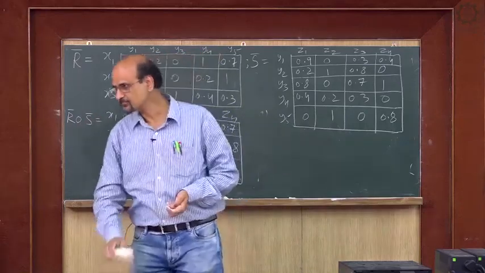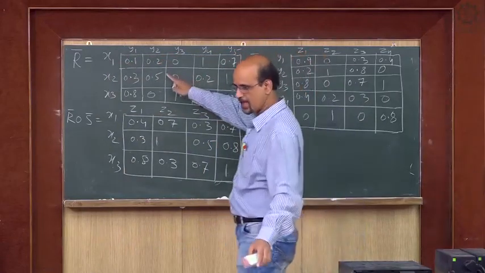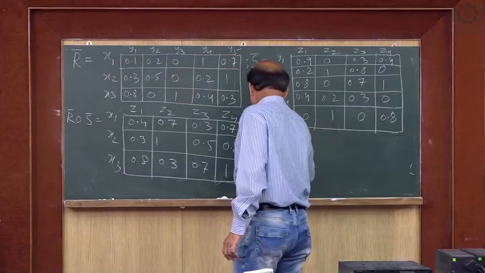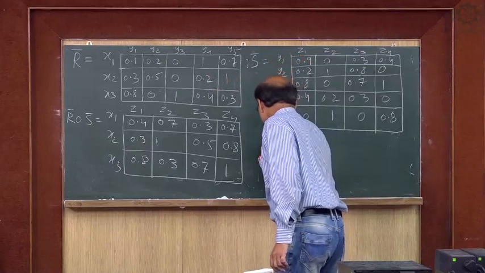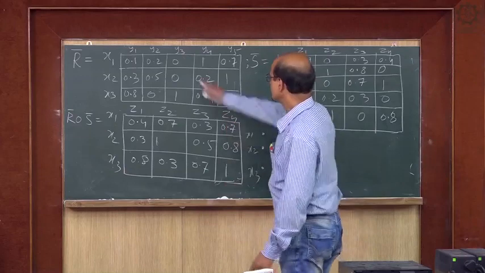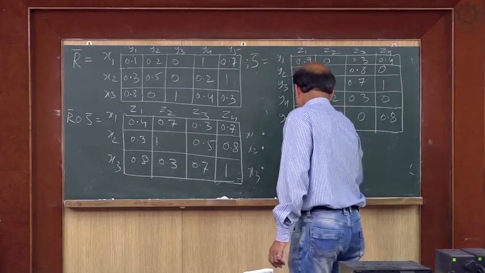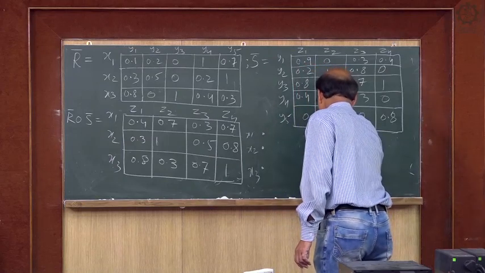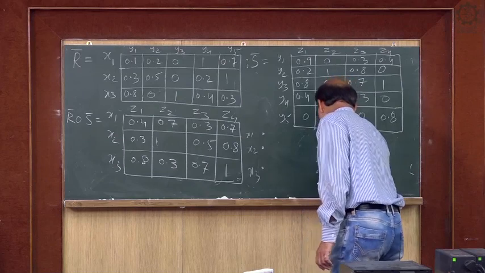Now, actually what is happening? I have the relation matrix from X to Y. If I draw the diagram, I have x1, x2, x3, and y values y1, y2, y3, y4 and y5.